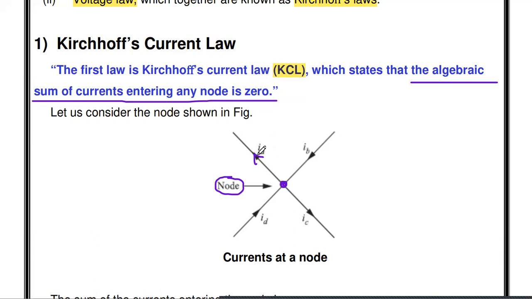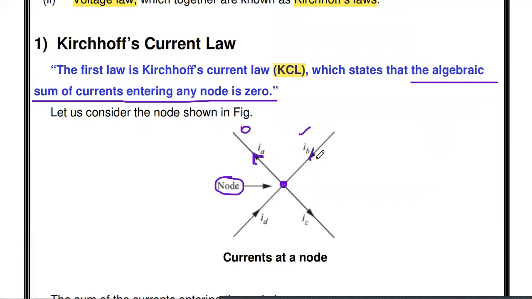For IA, the current direction is marked like this, which means the IA current will emerge from the node. That's why IA is called an outgoing current. It will emerge from the node to somewhere else. Similarly, you see the IB current.